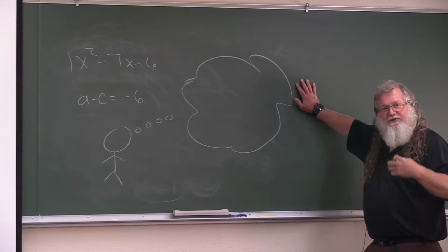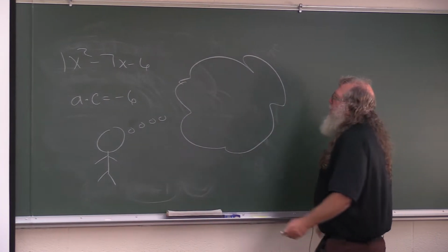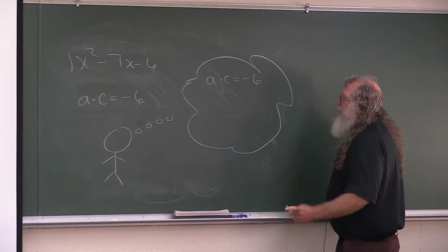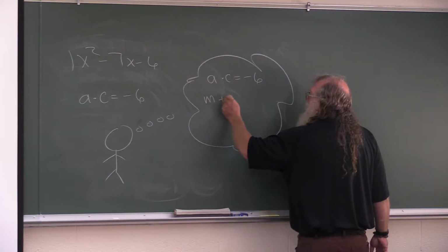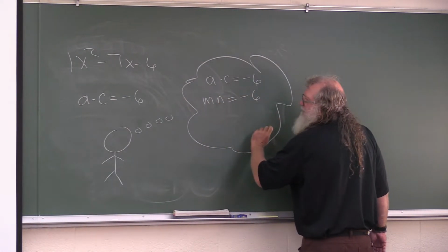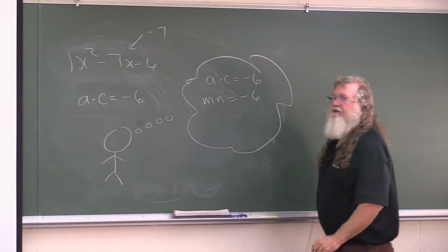As you do these, you'll start to realize, oh, I can step back and do a little mental math here. So we already have a times c to be negative 6. I want us to think about m plus 2 numbers that multiply to negative 6, and they have to add up to negative 7.